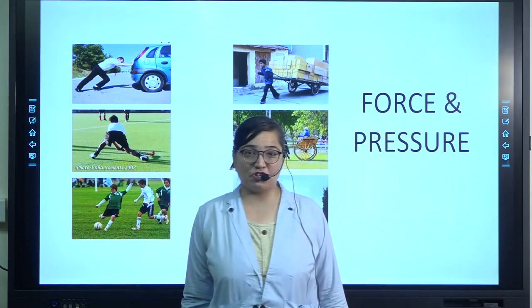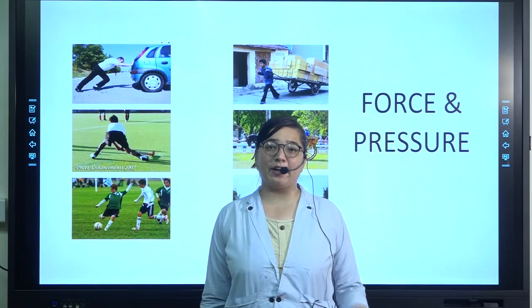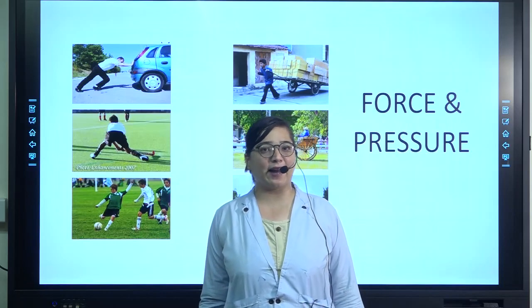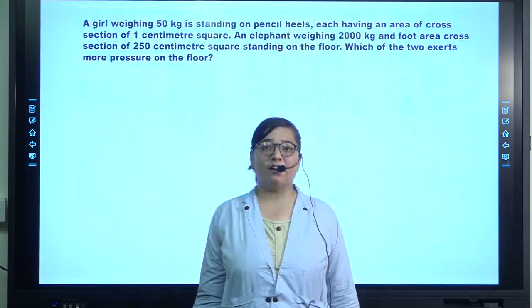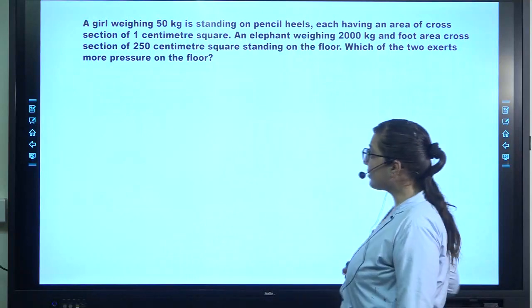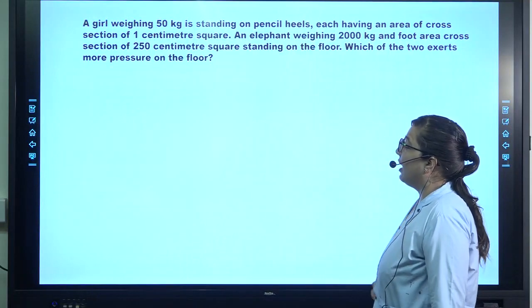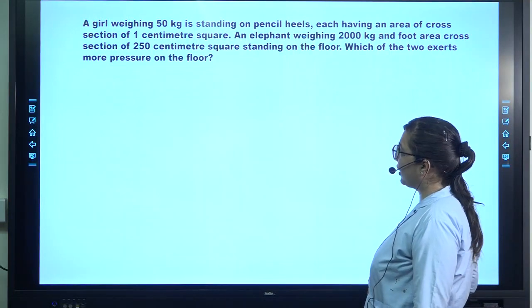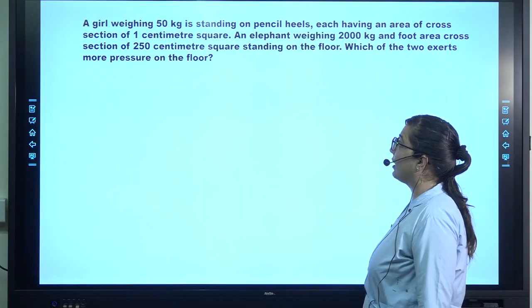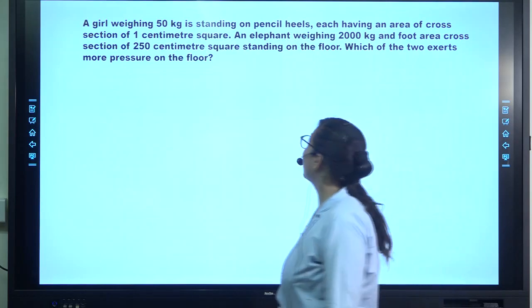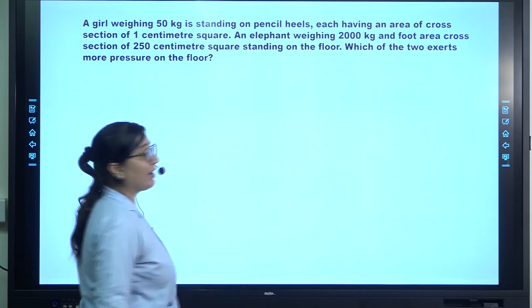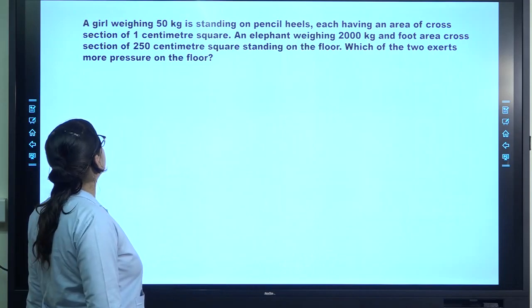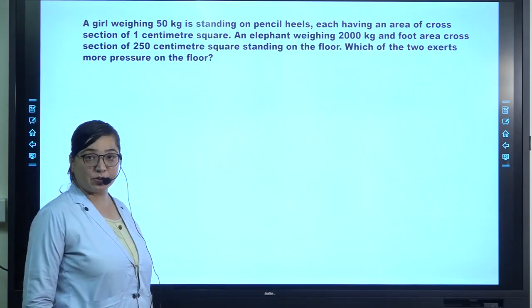In our today's session, we are going to carry forward with the numerical that we had started with. Here is the numerical. A girl weighing 50 kilograms is standing on pencil heels, each having an area of cross section of 1 centimeter square.